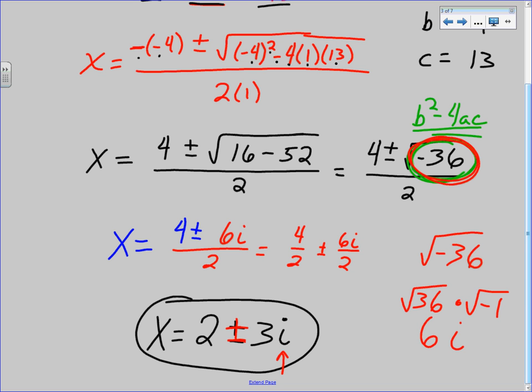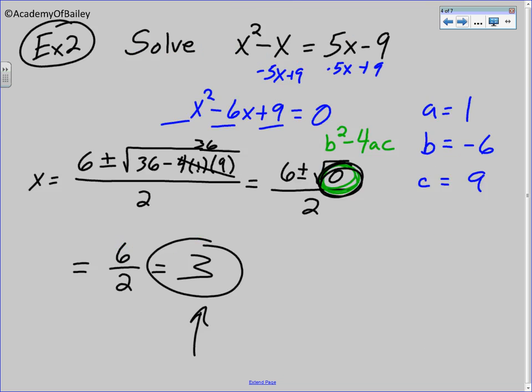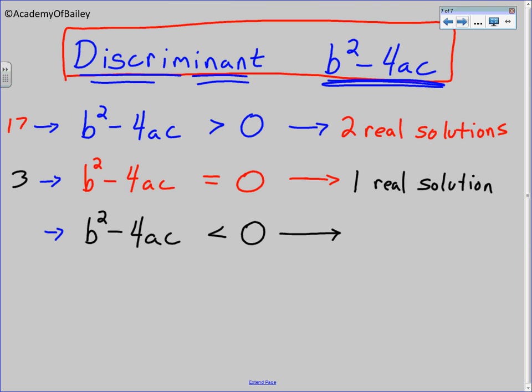That i indicates that this is an imaginary number. It's a complex number there. So, we had negative 36 for the discriminant, which was less than 0. So that meant that there were no real solutions, and it also meant that there were 2 imaginary solutions.